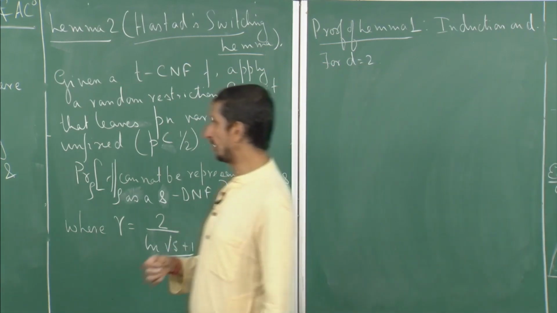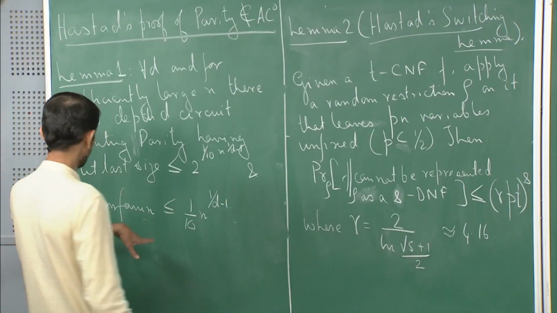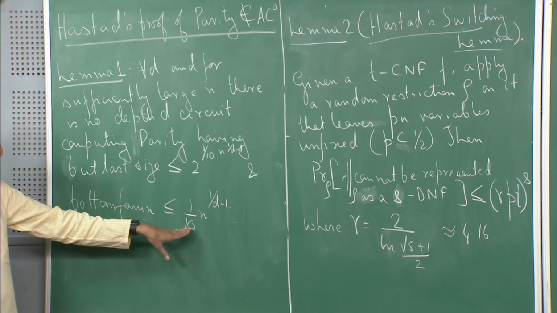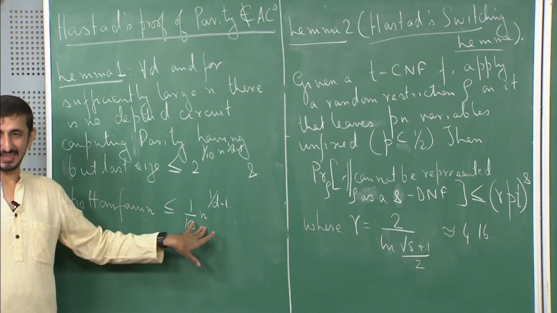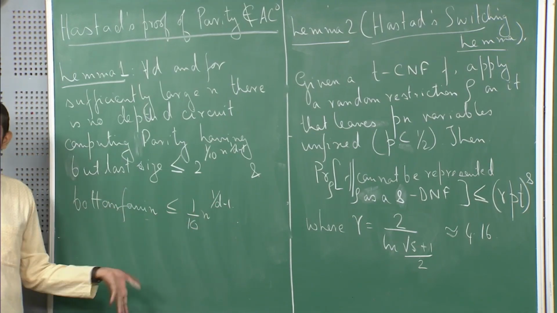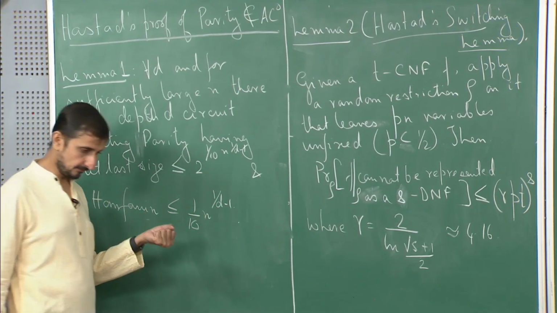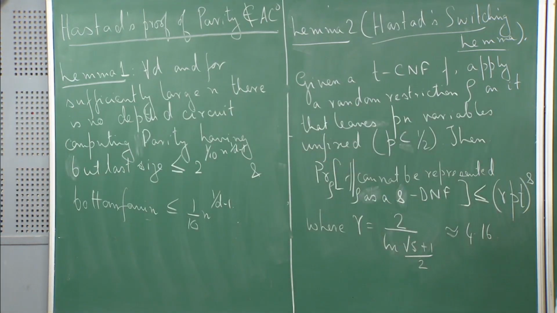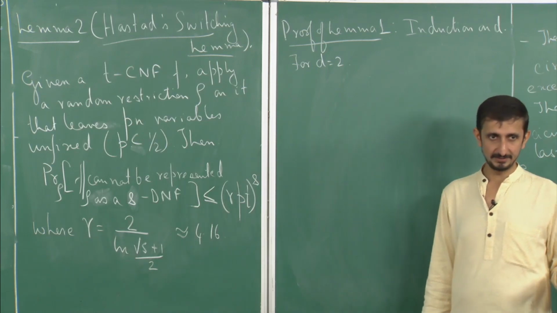So, if D is equal to 2, then what is the bottom fan-in that we have? The bottom fan-in that we have is less than n. Okay. So, it is n to the power 1, so it is n by 10 basically, right. And if I have a circuit whose bottom fan-in is less than n, then I know that it cannot compute parity.